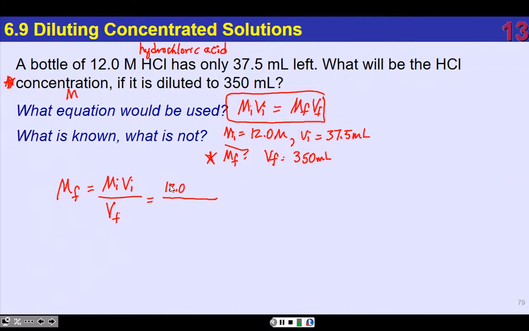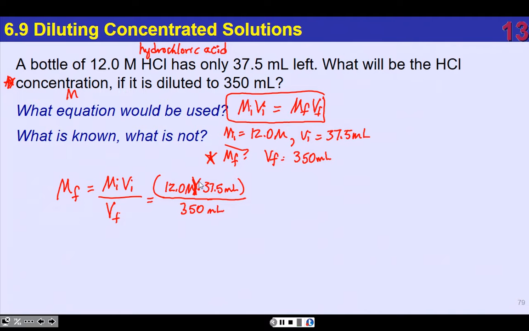So it's 12.0 molarity times 37.5 milliliters, and then we're going to divide it by the final volume, 350 milliliters.